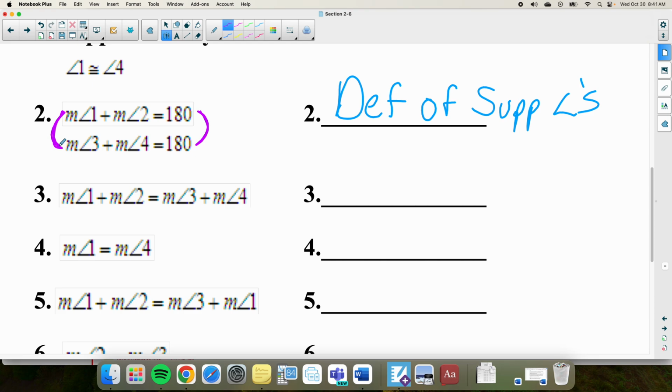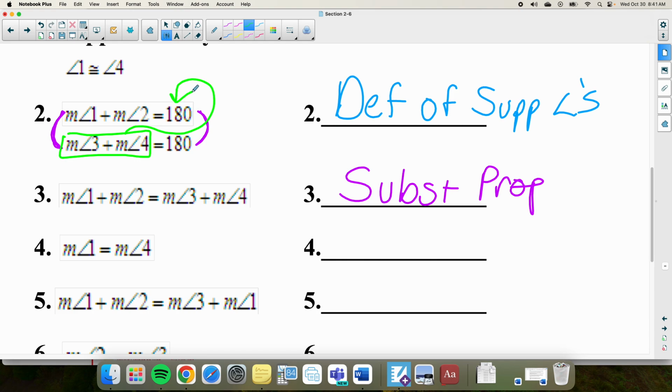So you can say those two are equal, and that's substitution property. Now, basically what they did there is 180 is equal to this green box, and there's a 180 there. So they picked the 180 out, and they put the green box up there. So that's really what they did.